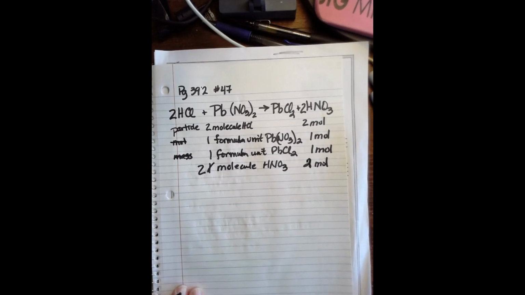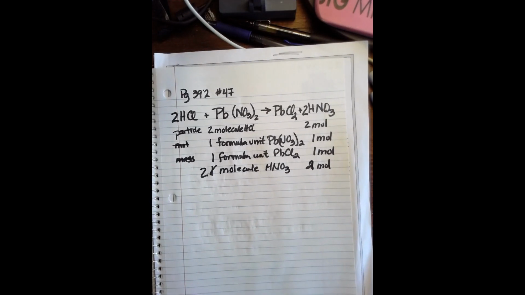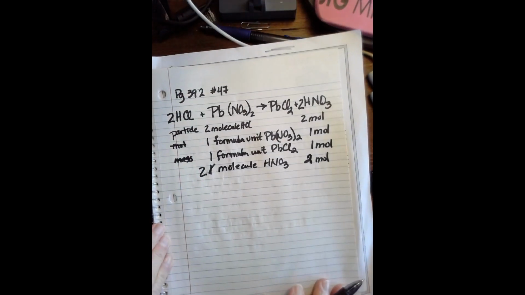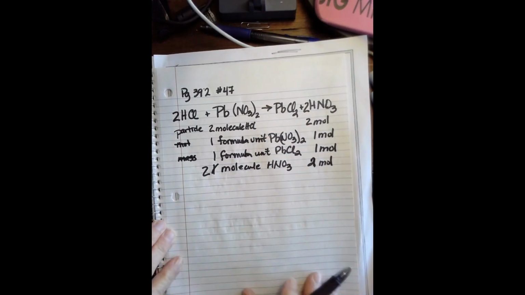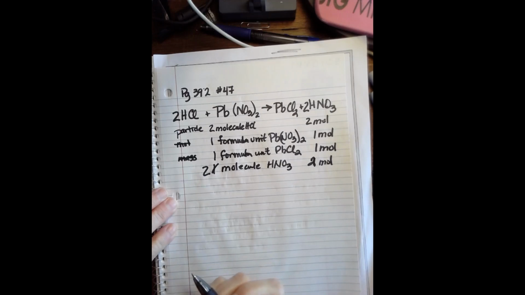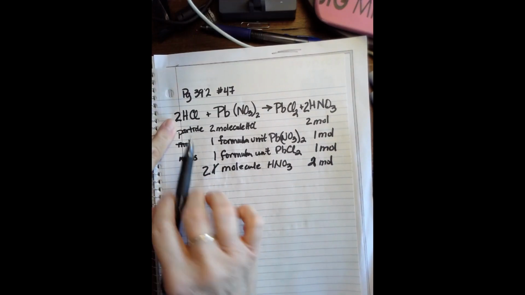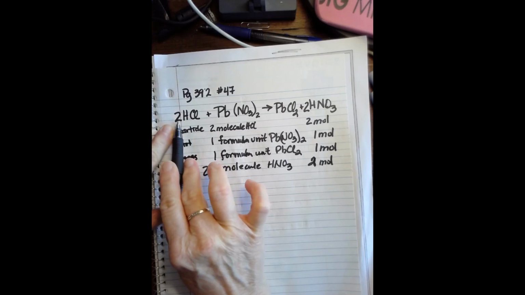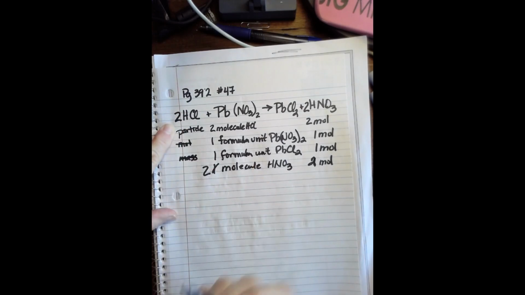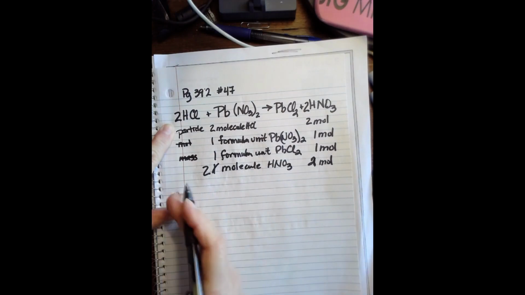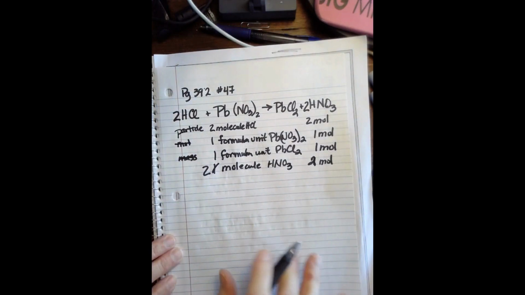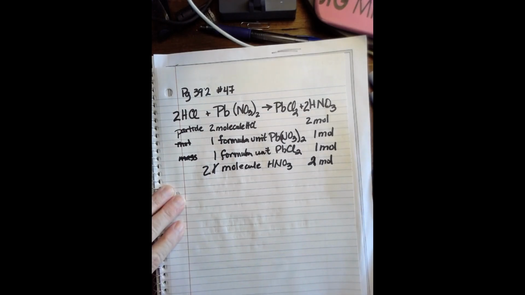Now we get to interpret this according to mass. I'm going to write dark, but I'm going to use a smaller pen so that I can possibly get all of this on this one page. So when it comes to mass, we're going to take the mass of the molecule and then multiply it by 2. This is because we're trying to show that this reaction honors the law of conservation of mass, so we don't lose anything.